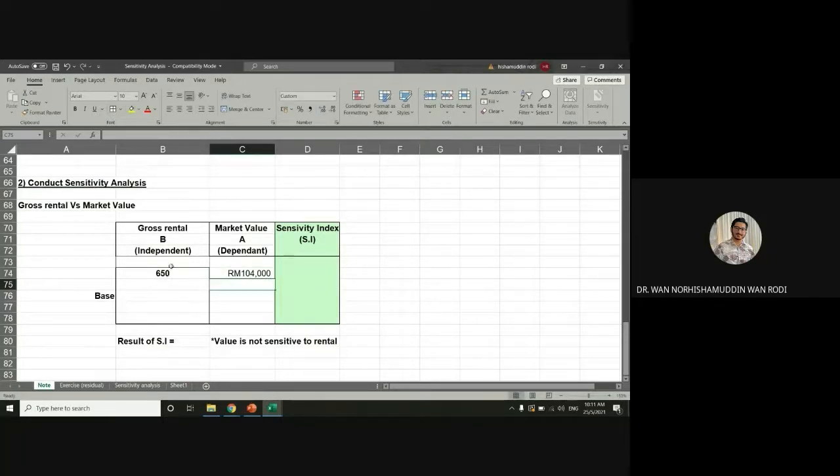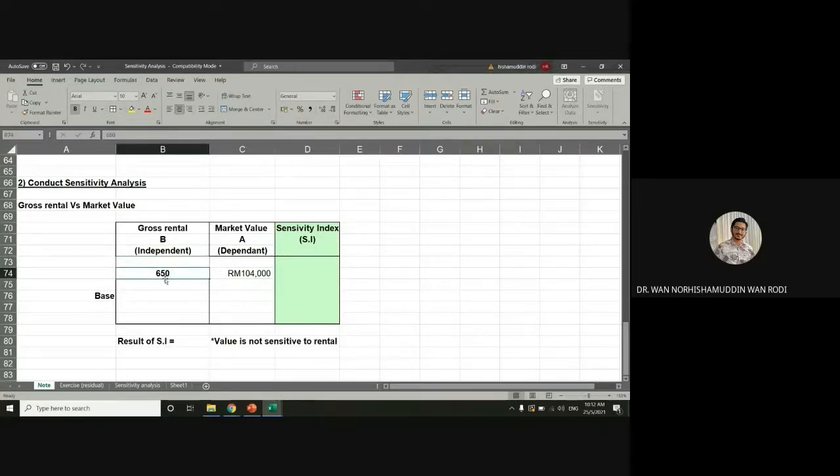Now, sensitivity analysis uses the percentage change, or the determination of variation between one variable and another. What is meant by that is that we need to change the independent variable to look into the changes in the dependent variable. The changes can be done in any figures.